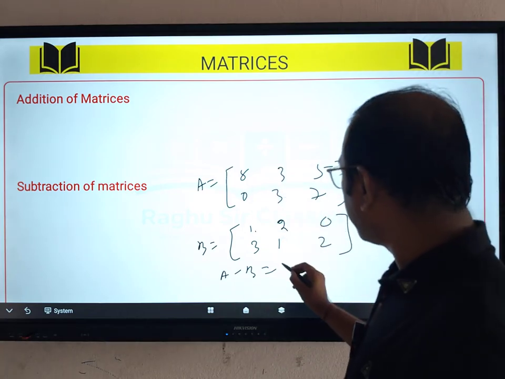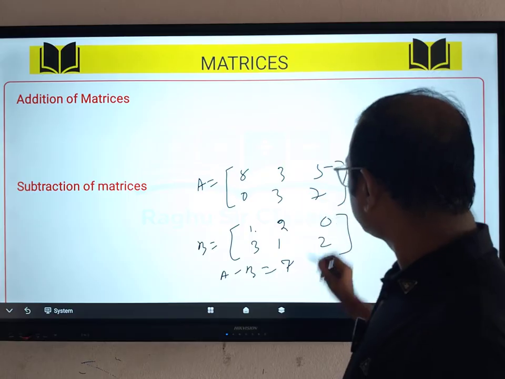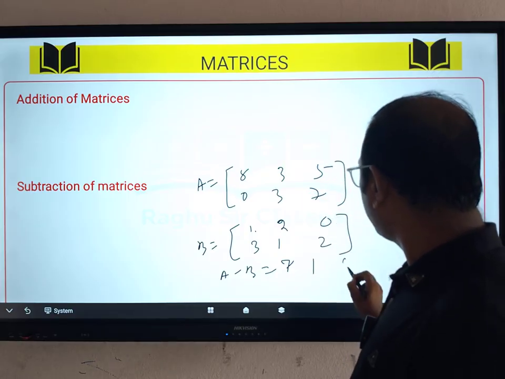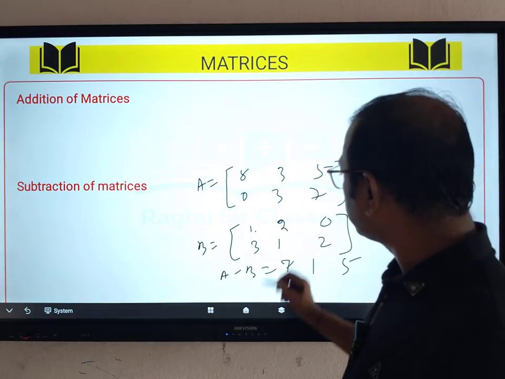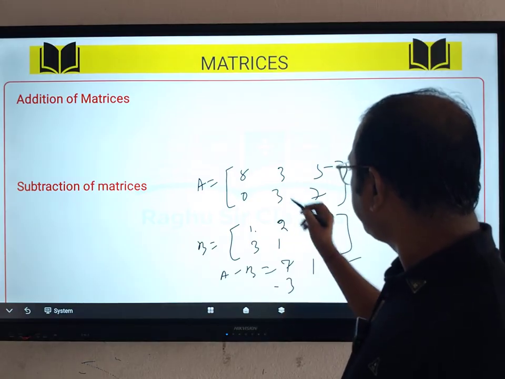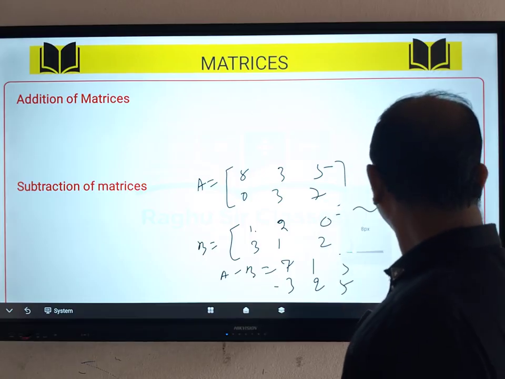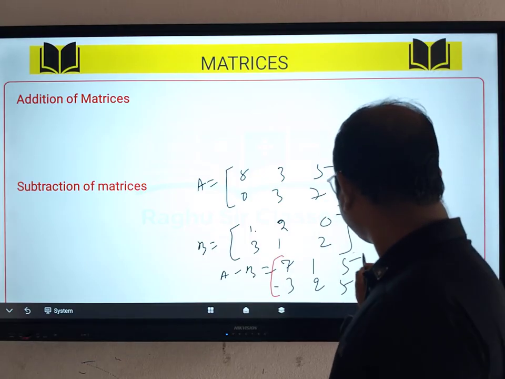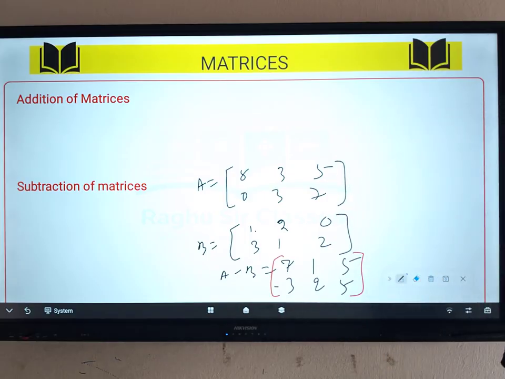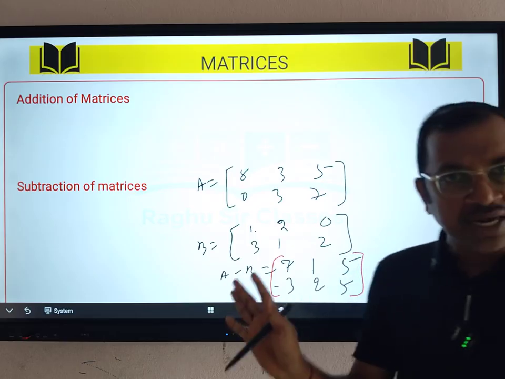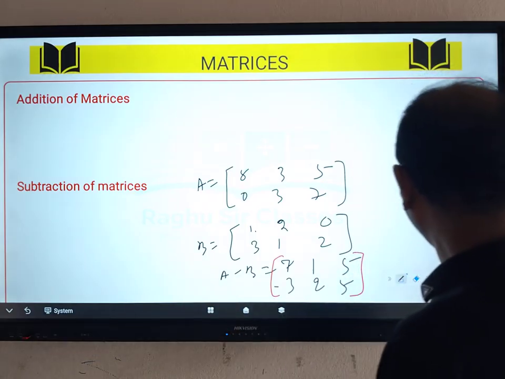So 8 minus 1 is 7, 3 minus 2 is 1, 5 minus 0 is 5. Similarly 0 minus 3 is minus 3, 3 minus 1 is 2, 7 minus 2 is 5. This is subtraction of two matrices, okay. Addition and subtraction are clear.